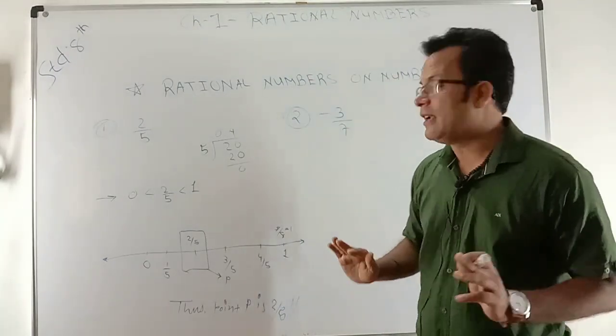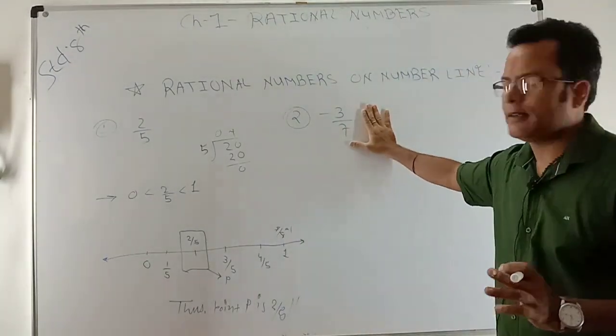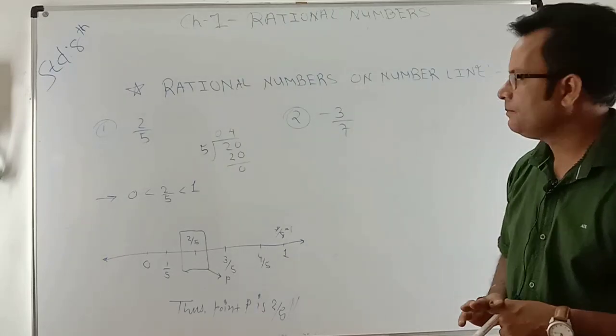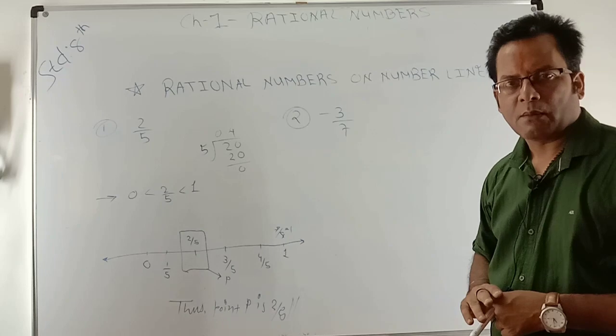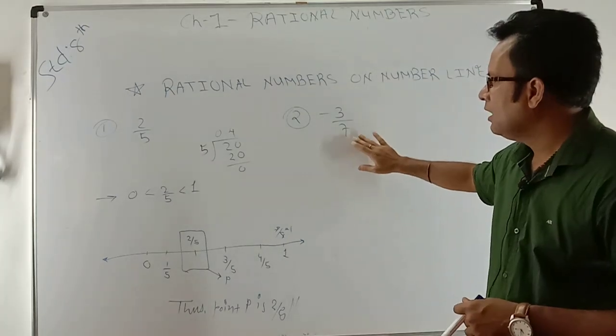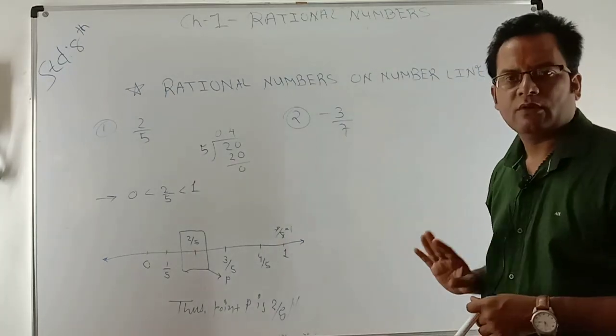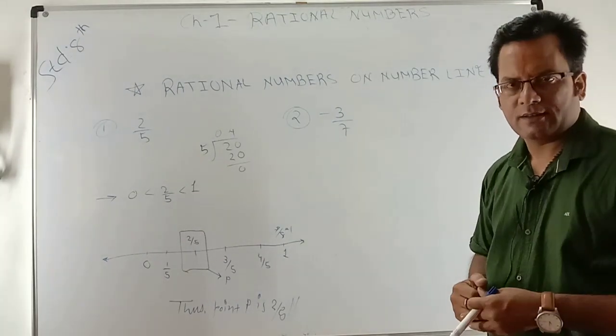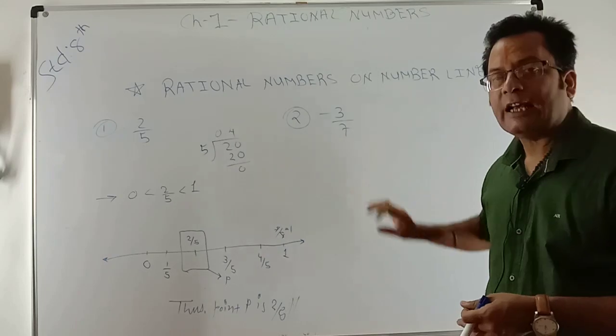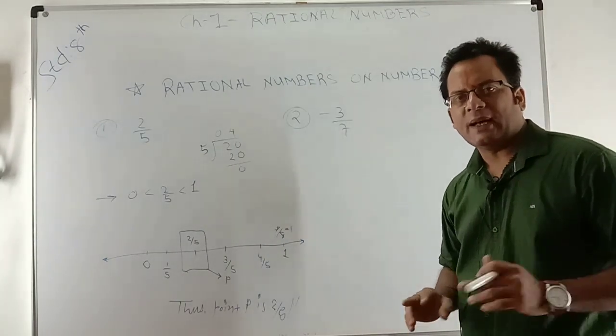Now if you have a negative number, here minus 3 upon 7 is given. Again we will divide 3 by 7. You know, when you divide 3 by 7, the answer will definitely be 0 point something. Now see, I give you one best idea.